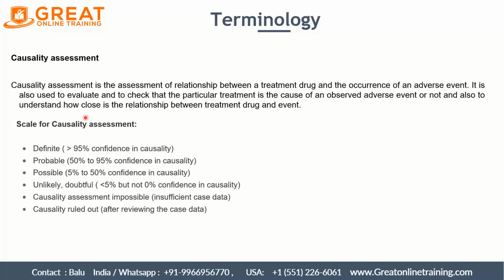So how do we provide the relationship? It is based on a scale for causality assessment. In the scale, we have different categories like definite, probable, possible, unlikely, causality assessment impossible, and causality ruled out.